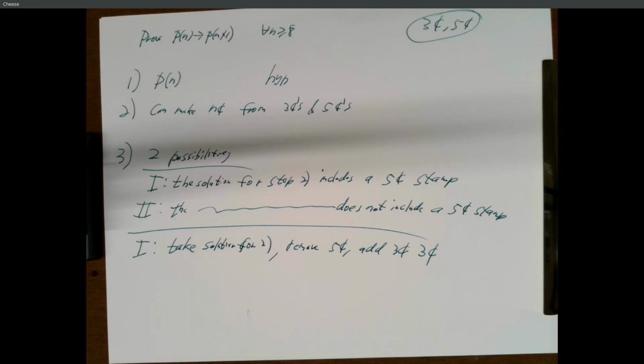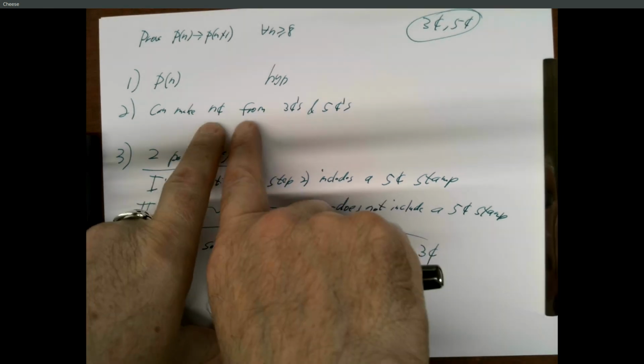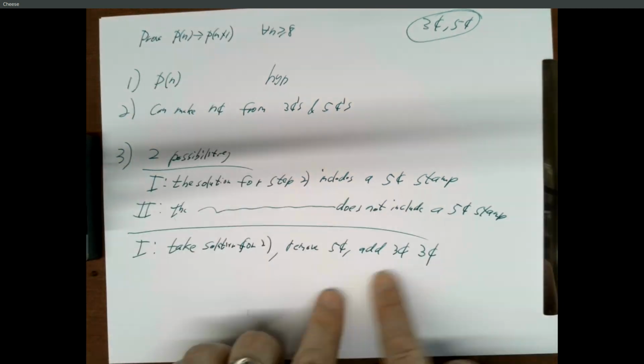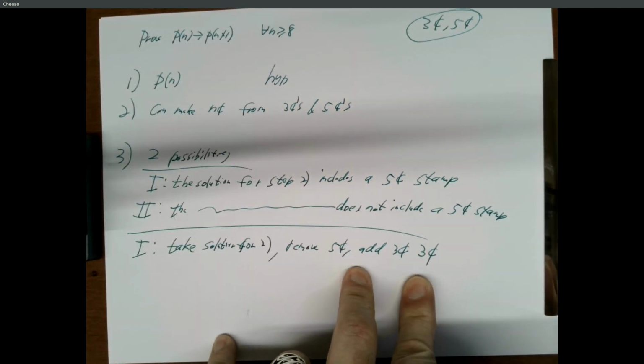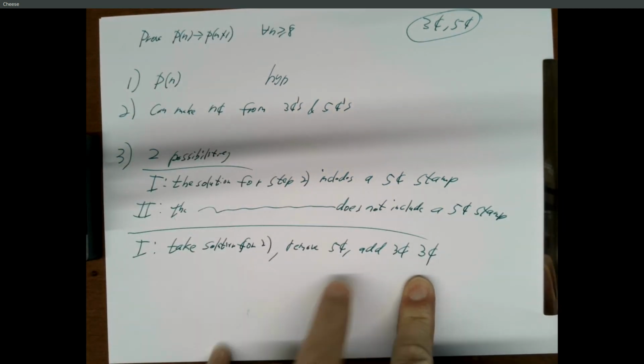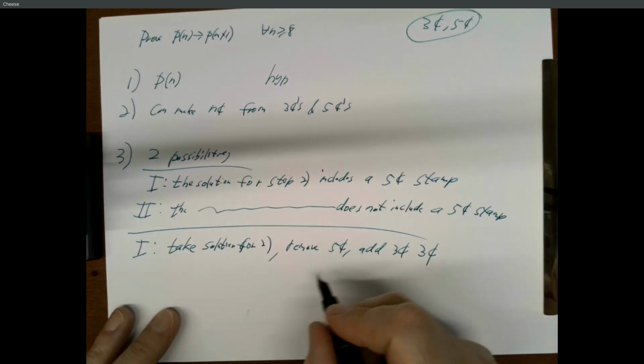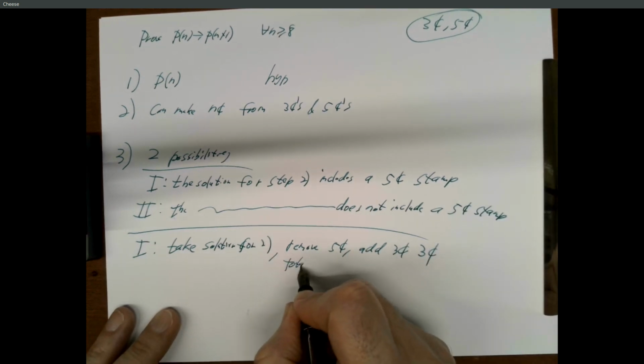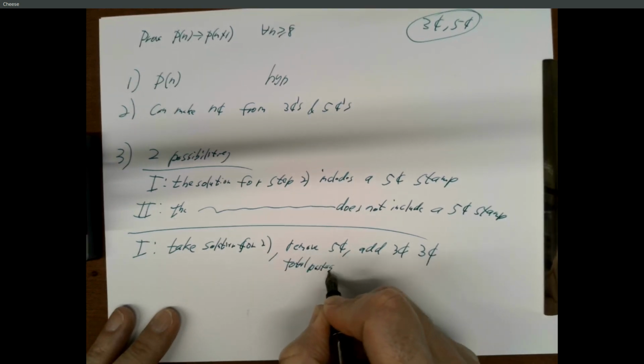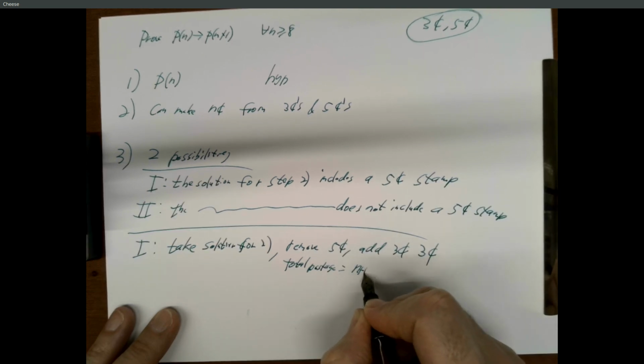And how is your postage changed if you take away a 5-cent stamp and you put on 2 3-cent stamps? Gone up by 1 cent. Since the solution here gave us n cents postage, this solution gives us n plus 1 cents postage. So total postage equals n plus 1 cents.